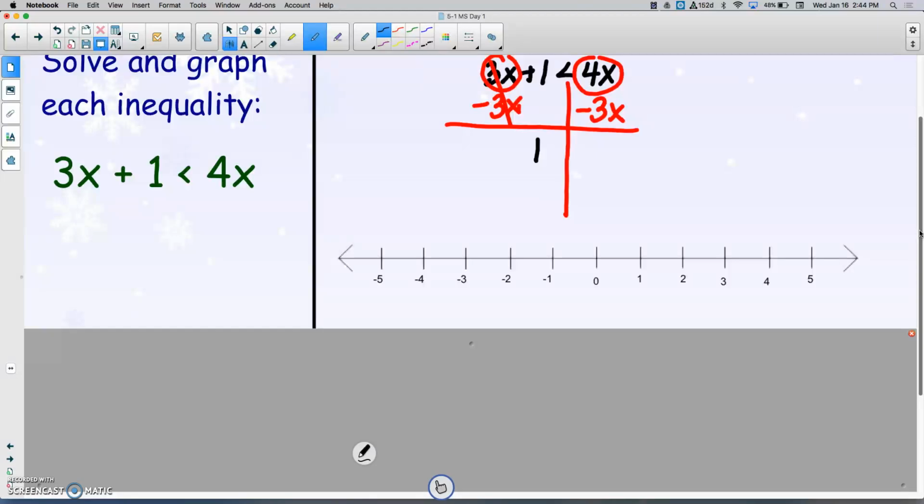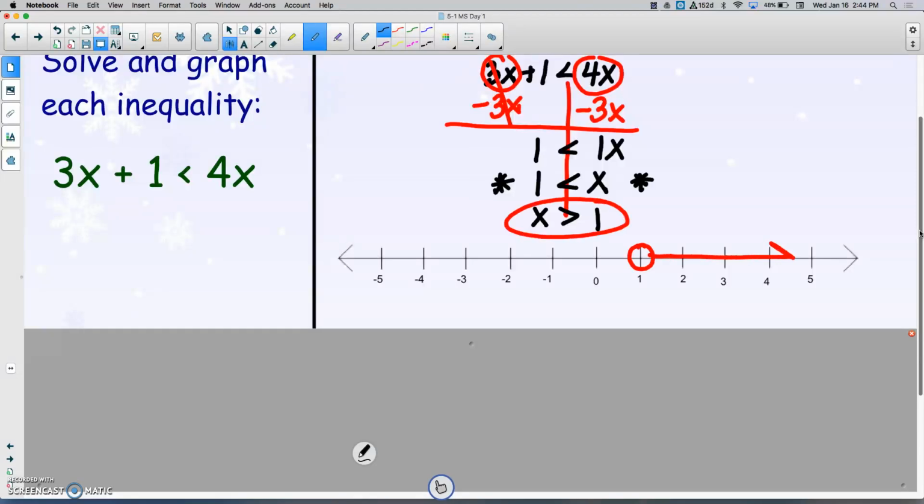So 4x minus 3x is 1x. 1x is the same as just x. So you don't have to write the 1 in front of it. Now I'm going to flip this around so that the variable is on the left. So x is greater than 1 is an open circle to the right.